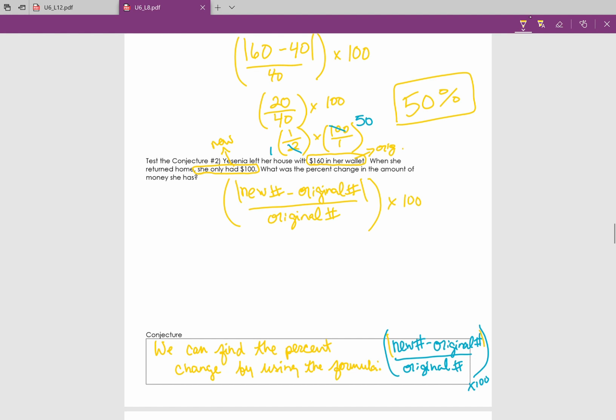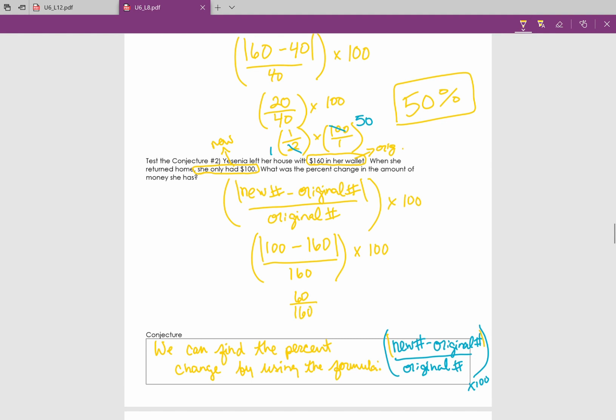We have the absolute value of 100 minus 160, all over 160. We're going to do that first. Times 100. And I'm doing my subtraction first. I'm doing 100 minus 160, which is negative 60, and the absolute value of that is just 60.